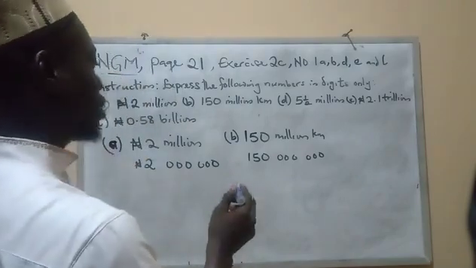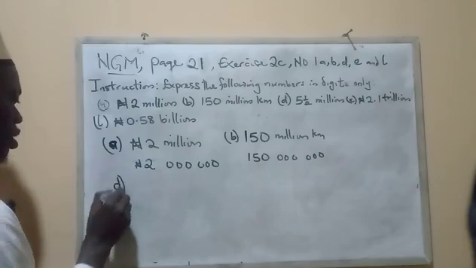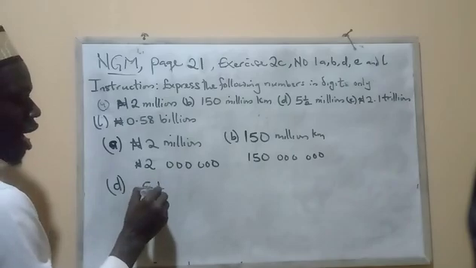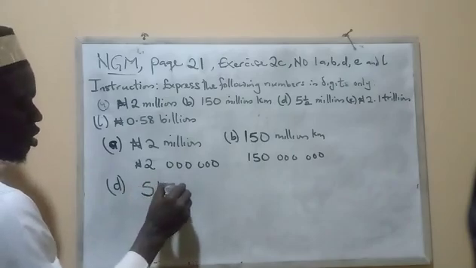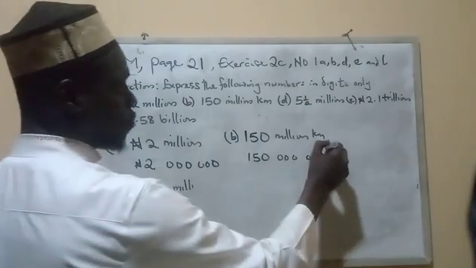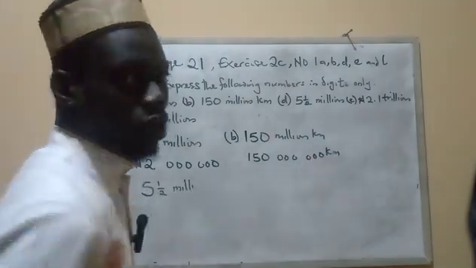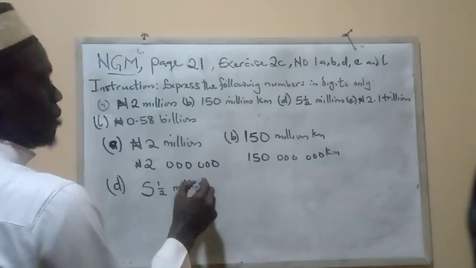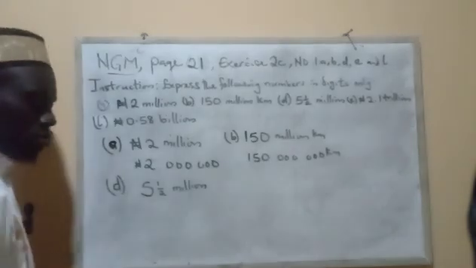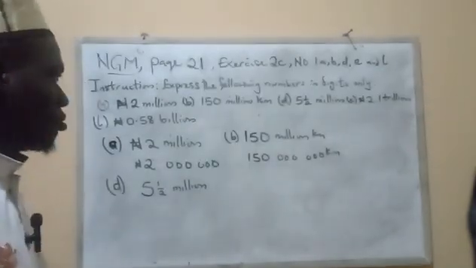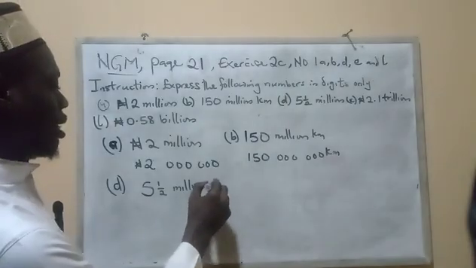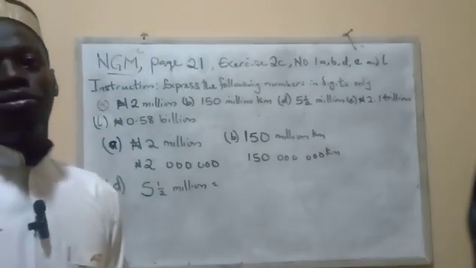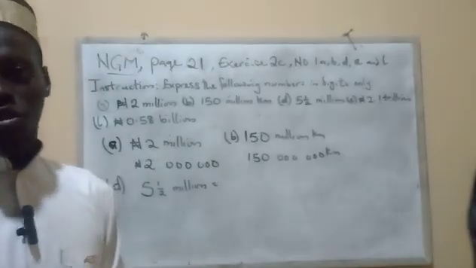Then the next part is 5.5 million. This one we have to put the unit, don't forget your unit always. So 5.5 million. In writing this, you say 5.5: 5 whole number, 1 over 2.